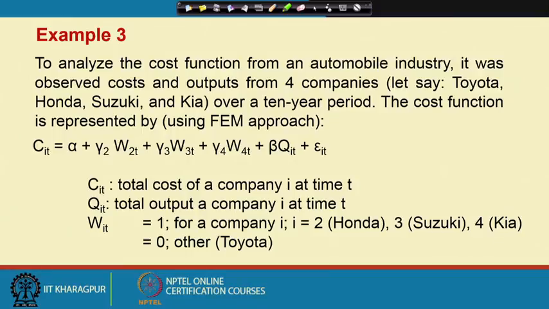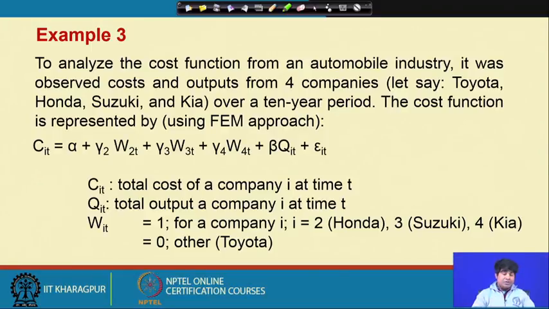we will connect with a particular problem and highlight how panel data can be used for predictions and management requirements. In this problem we want to address the relationship between cost and output, using the data of 4 companies and 10 different time periods.